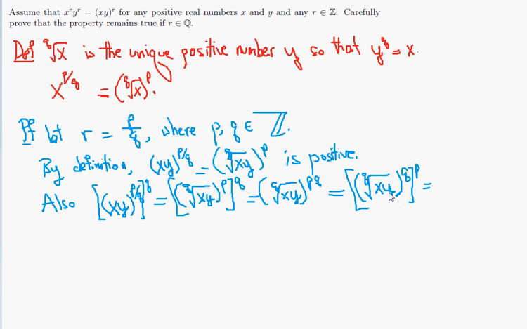And by definition, if I have a qth root of a number and raise it to the q, then the qth root of a number raised to the qth power is the original number. So I must get x times y raised to the pth power.